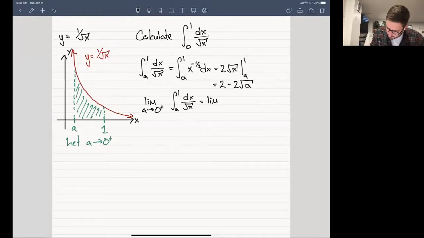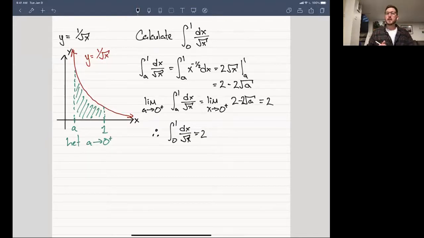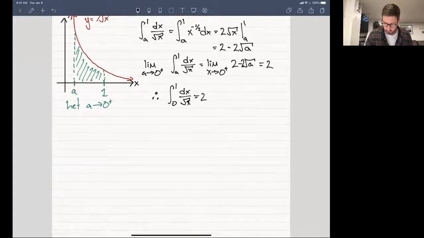And now that we've computed this integral, we see that this is just the limit as a goes to 0 from the right of 2 minus 2 times the square root of a, which is clearly equal to 2. So therefore, we would say that this integral is equal to 2, in much the same way that we handled the first type of improper integrals.